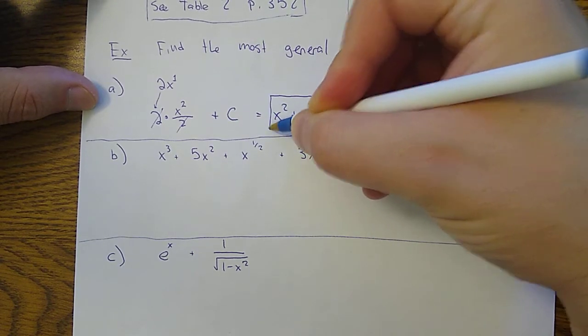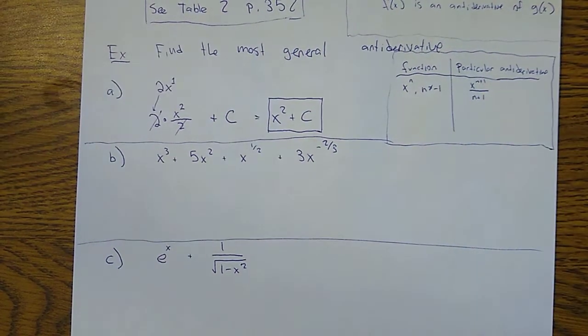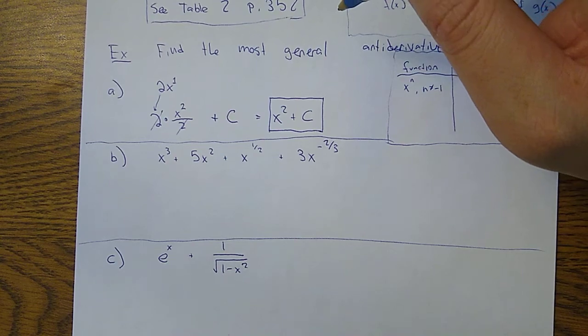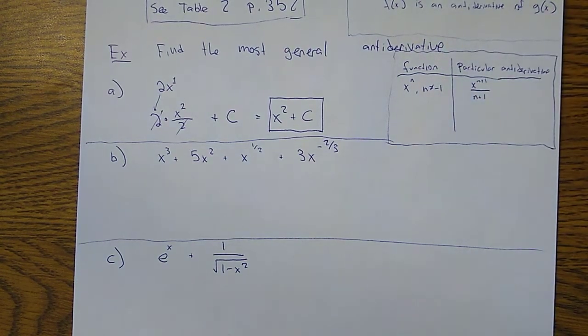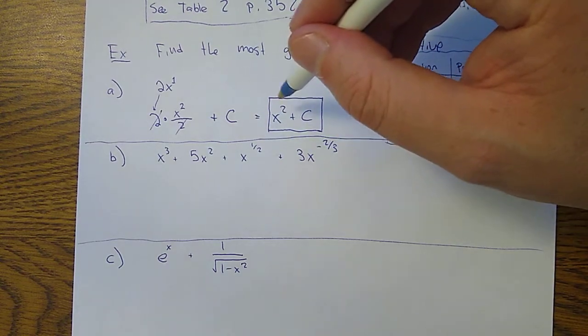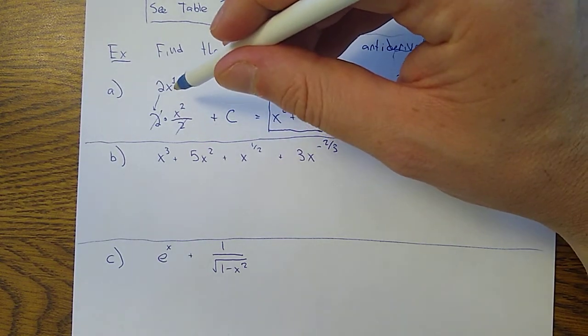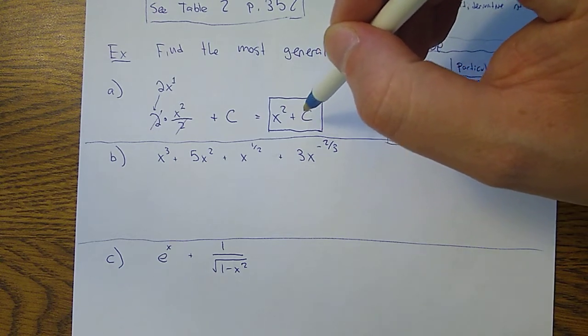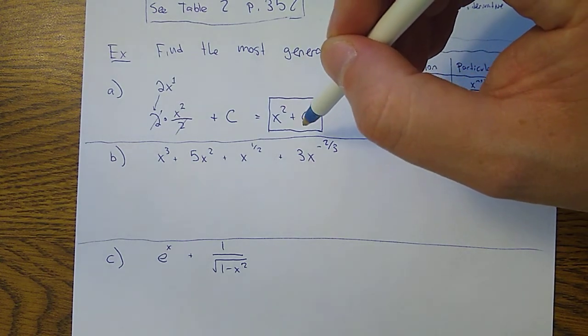Why is that? This said find the most general antiderivative. When we were thinking about it, we said that x squared would work. And that's right, but there's a lot of other functions that work. We're looking for any function whose derivative is 2x. And if I add a constant, when I do the derivative, the constant just goes away.